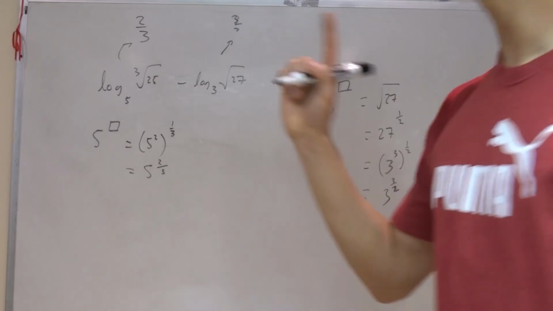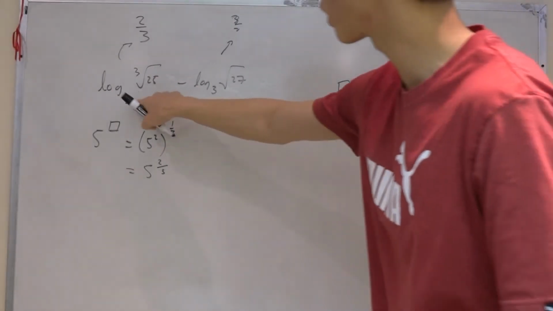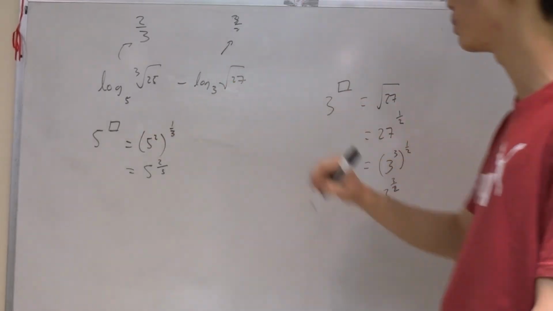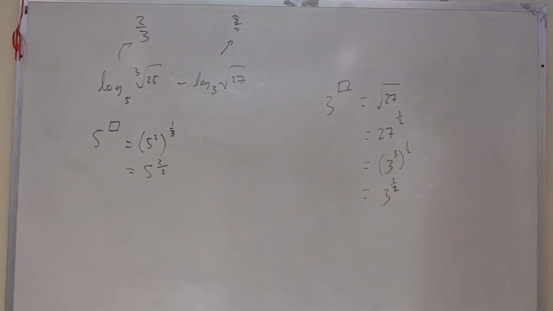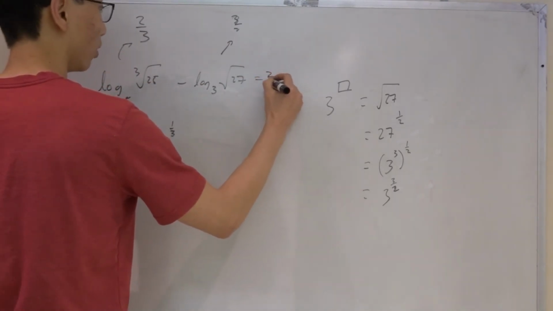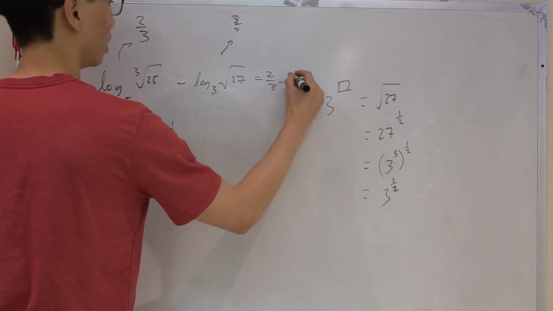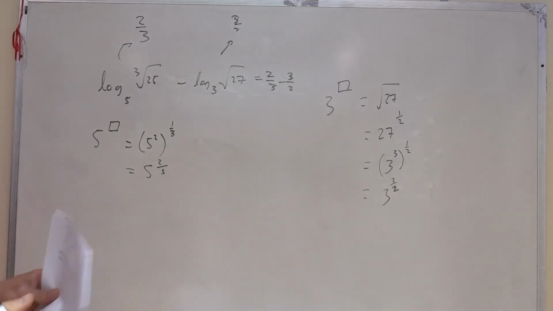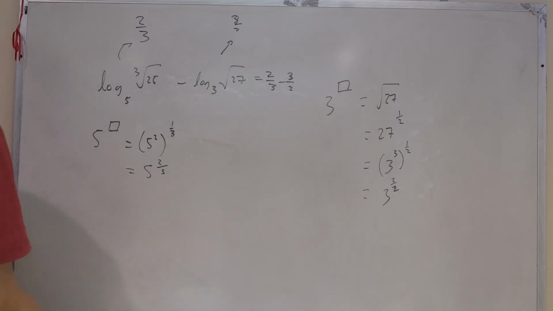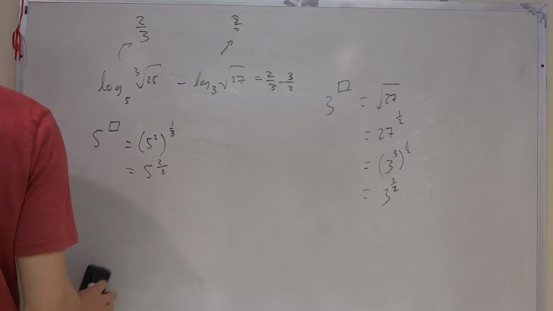Notice that you could not use the subtraction law for logarithms because the bases are not the same. 5 is not the same as 3. So you cannot use it there. But in any case, this gives you 2 over 3 minus 3 over 2. And that you can solve just by subtracting fractions. I'm not going to waste time doing that here. Excellent.